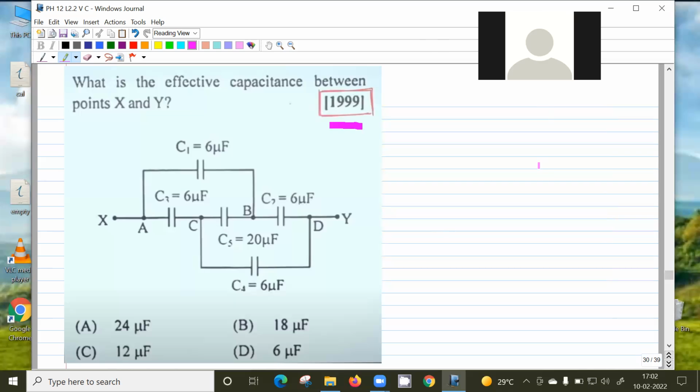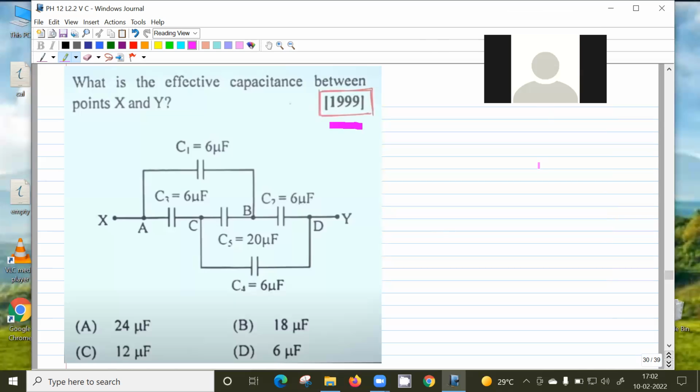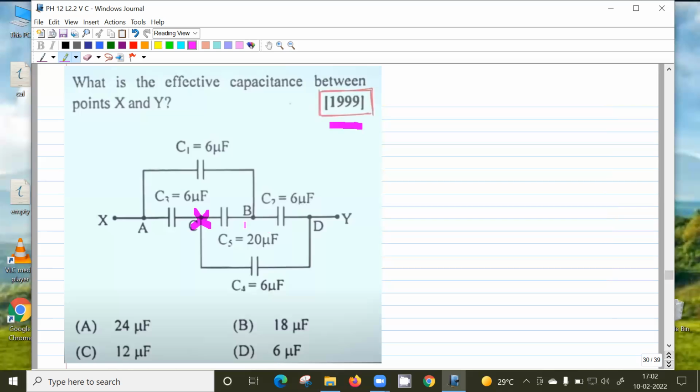No, I didn't find it. So this is a Wheatstone bridge. You have to find where it is: C1 and C3, and C2 and C4 are in the same ratio. The two points are at the same potential, so you can remove this element.